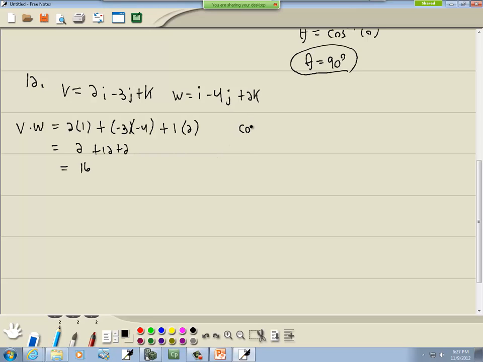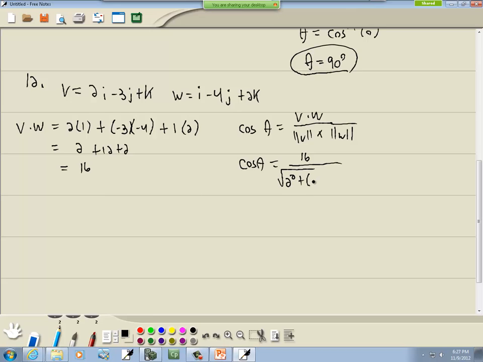For the angle between them, we're going to have our dot product up on top, and then we have the magnitude of V times the magnitude of W. Up on top is 16. For the magnitude of V, I'll have the square root, and then I'll square the numbers before the i, j, and k, and add them together.